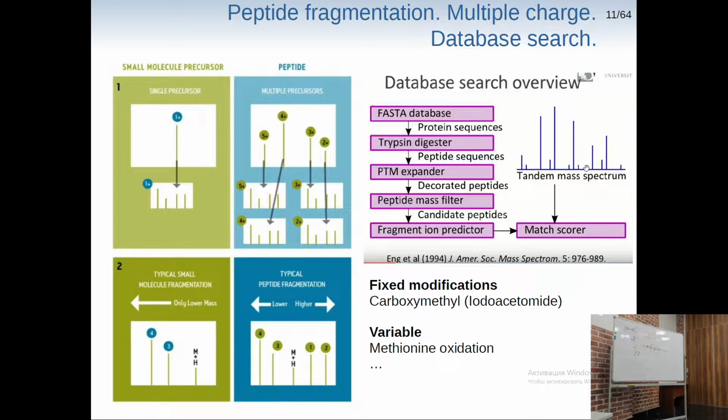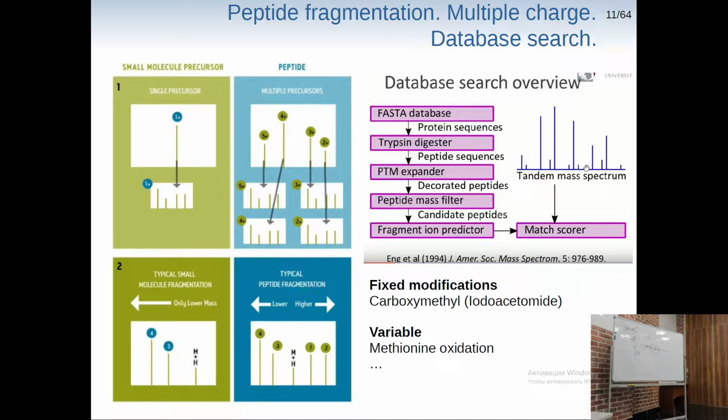Are there any questions about how this search engine for proteomics actually works, and what stages it has to go through? Yes, do we have those steps in our practice?